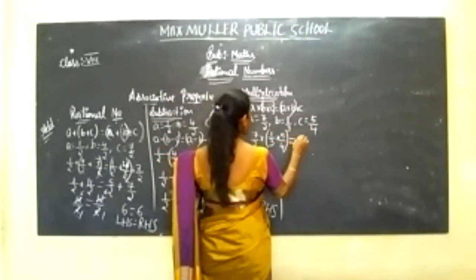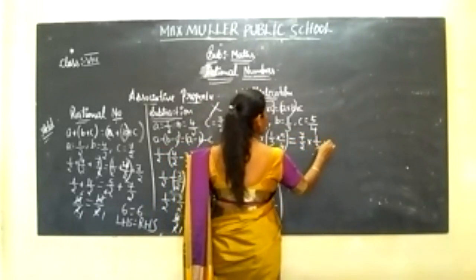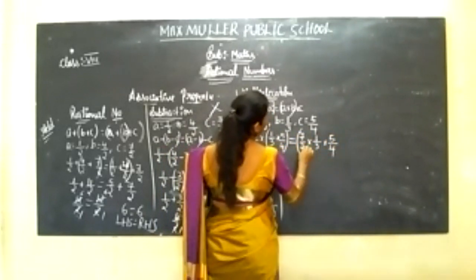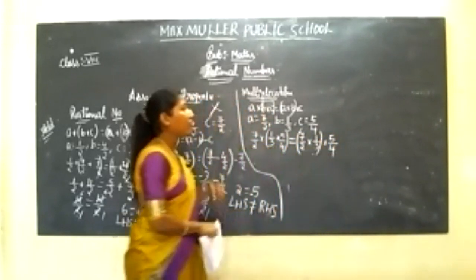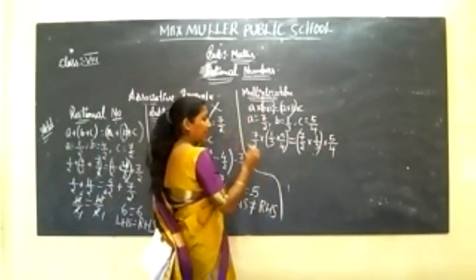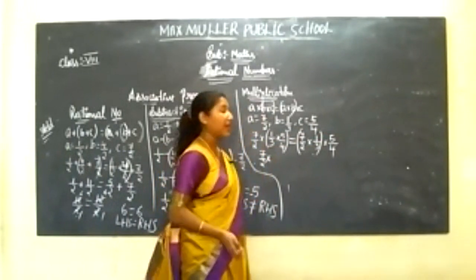Here, put the bracket for the first two things, that is for a and b. Here, as I told you, first you have to remove the bracket, you have to simplify.